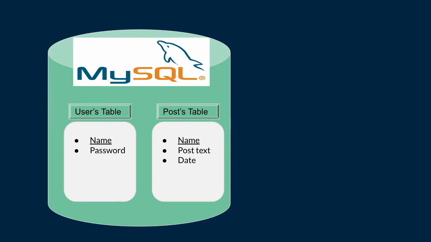Both tables have the column of name. These two names are common within both tables, and as a result they are connected. All MySQL tables need to have some sort of connective column in order to keep them organized, because if there isn't, then there will be no proper way to organize the databases and connect them together.